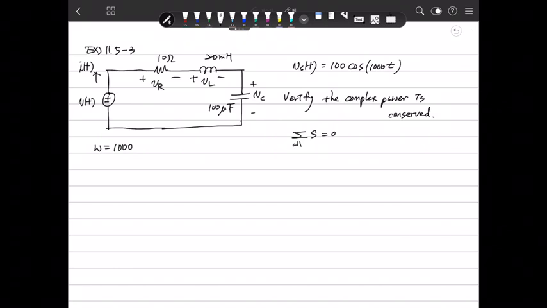So the current phasor is V divided by Z. Then what's Z?